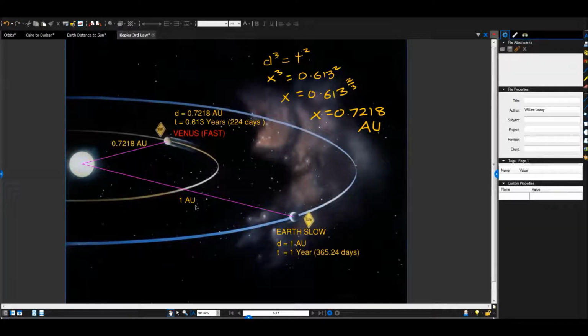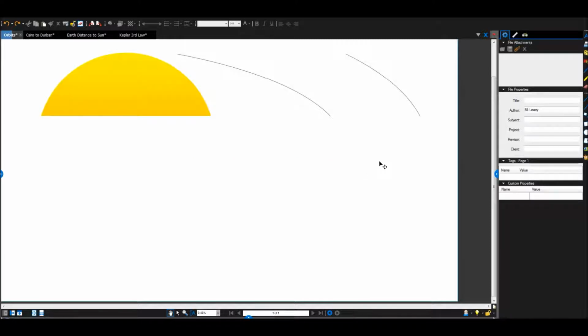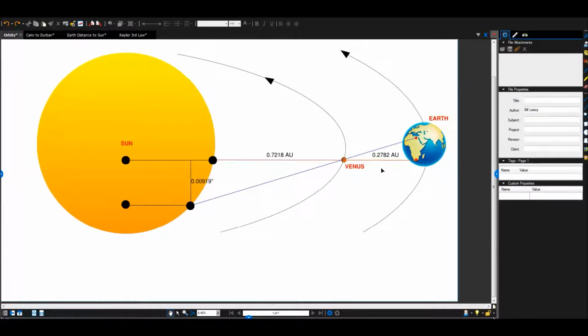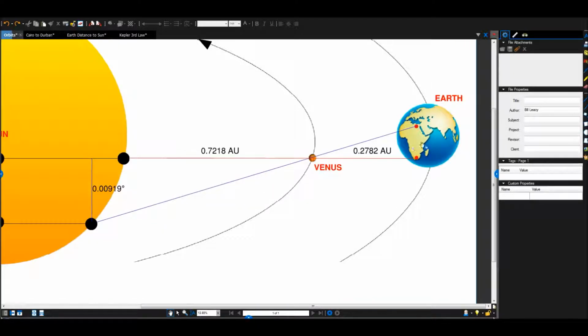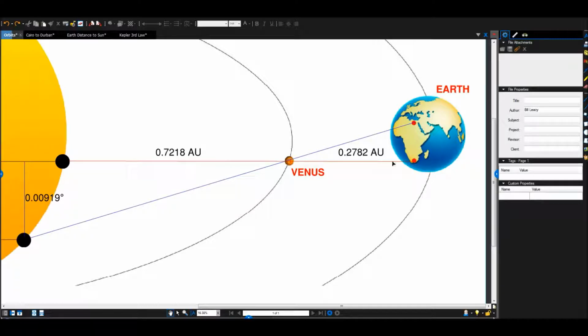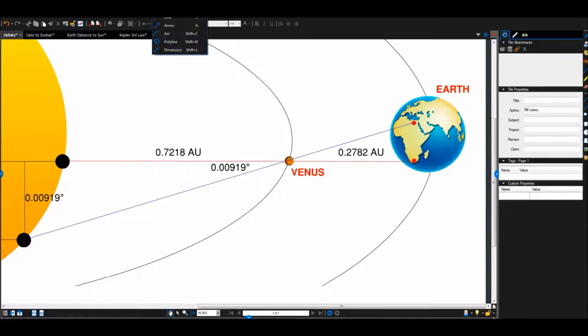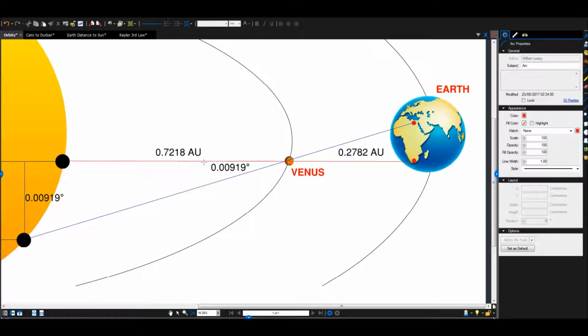So if this is 0.7218, this is what's left over, which is 0.2782 AU, right? So now we have some triangles here, which is quite interesting. So this angle basically is that angle there.